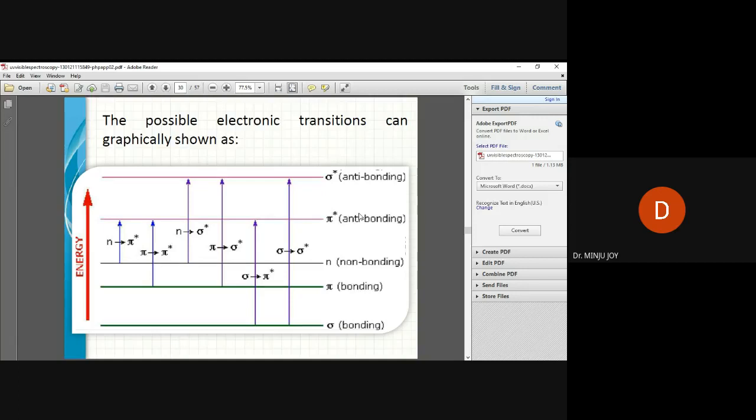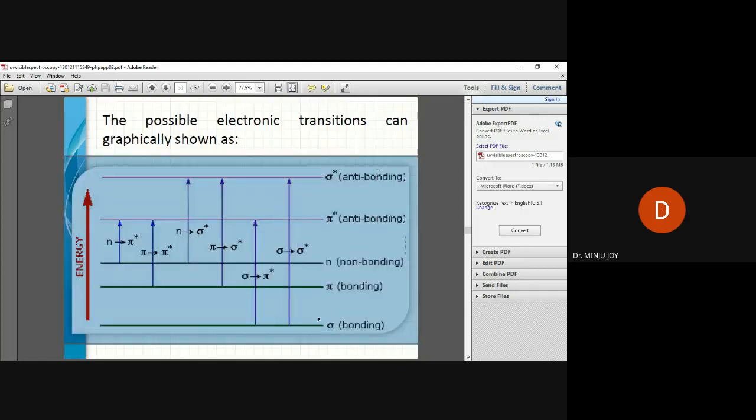So, sigma bonding to sigma star, that is the antibonding state of the sigma orbital, and the antibonding molecular orbital energy is higher. You can see from the figure itself, the distance is maximum. This much distance is there.